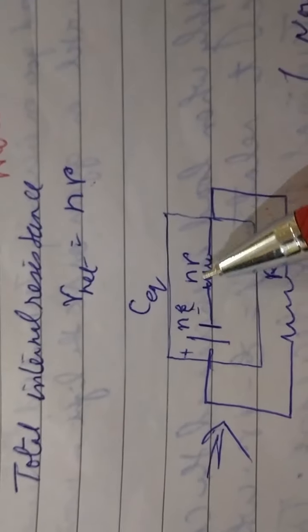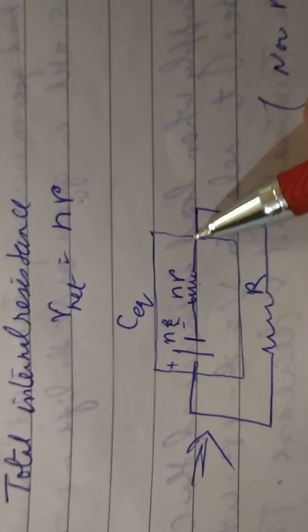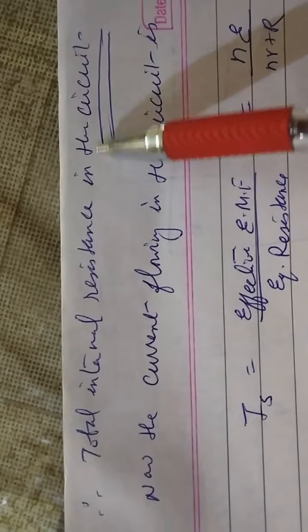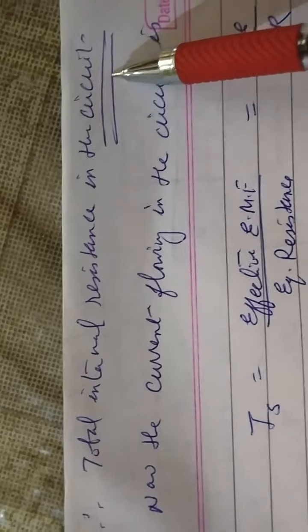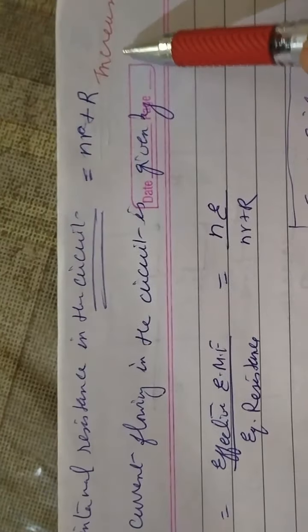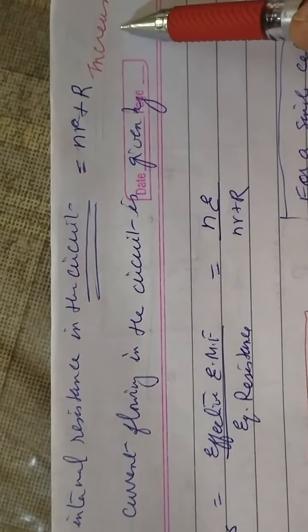This internal resistance nr and this external resistance capital R are both in series. So what is the total resistance of the circuit? nr plus R. This is the total resistance of the circuit, not of the cell.